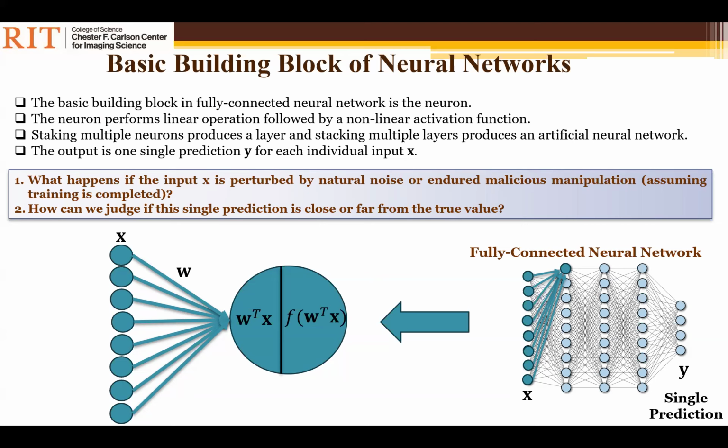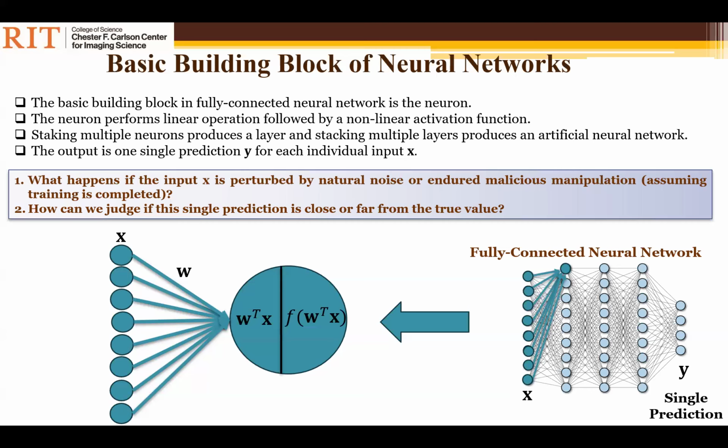If we want to build a neural network, we stack neurons to build up one layer, and then we stack multiple layers to build up a neural network. So a neural network takes a single input and provides a single output. Now, one of the very important questions to ask when we're using a neural network is, what if we perturb our input to the network?